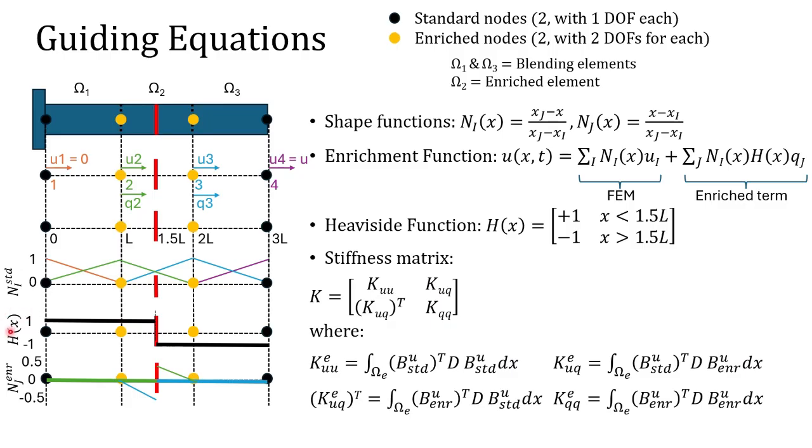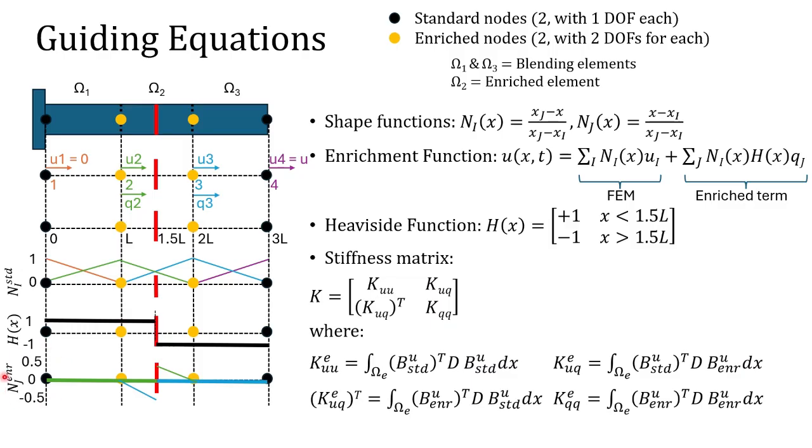And again, for our Heaviside function, we'll be going from 1 to -1, being 1 when the location is less than the discontinuity, so 1.5L, and then -1 after the discontinuity, so greater than 1.5L.